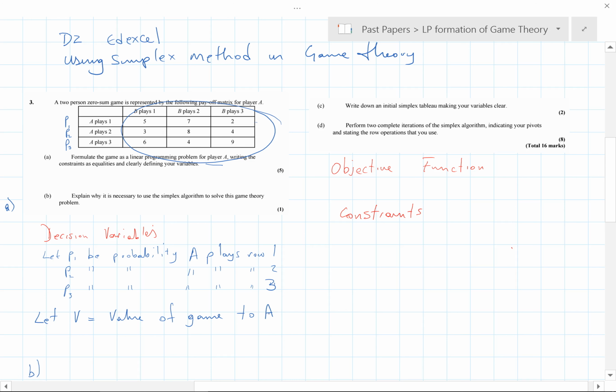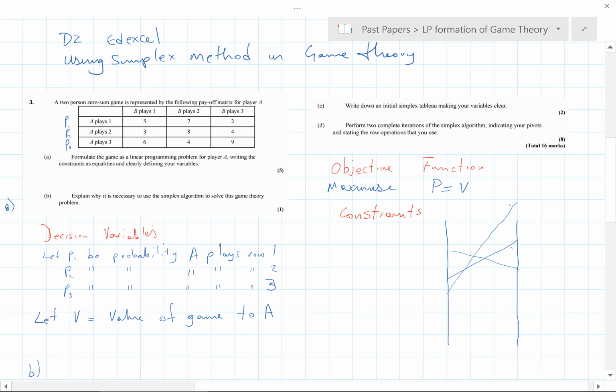Right, now the objective function is maximize P equals V. Now that feels a bit strange at first, but it might be worth referring back to our actual rugby post. If we had only two options for A and three constraints there, we might have a rugby post arrangement, say, something like this.